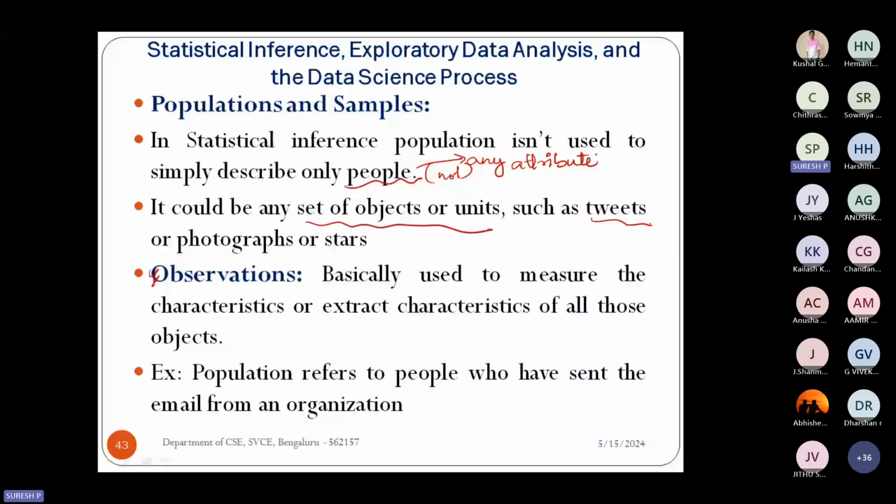After having that particular set of tweets or any population, some samples will be taken, because you are not going to consider all the objects. If you take a certain amount of objects and want to discriminate, for example how many red color objects are there, or what is the percentage of red color objects in that given set, then I have to take a sample of the red color.